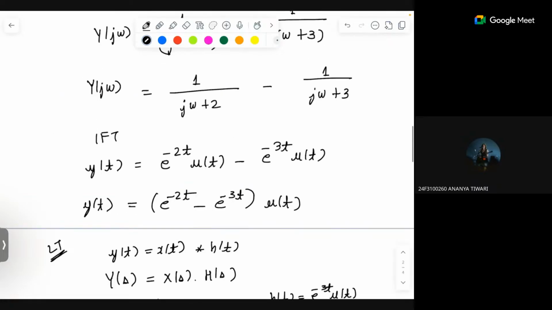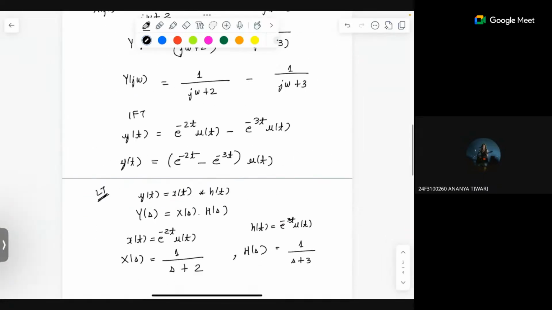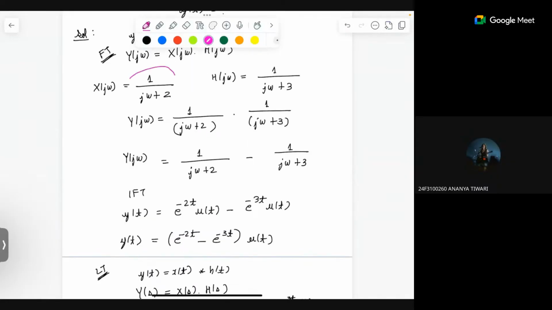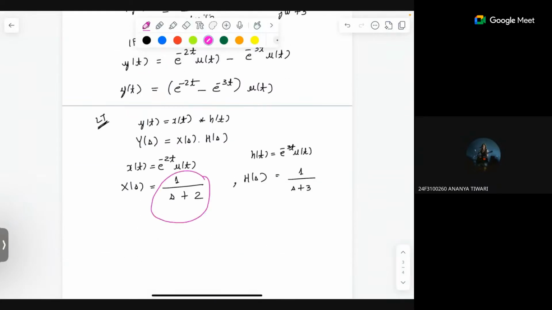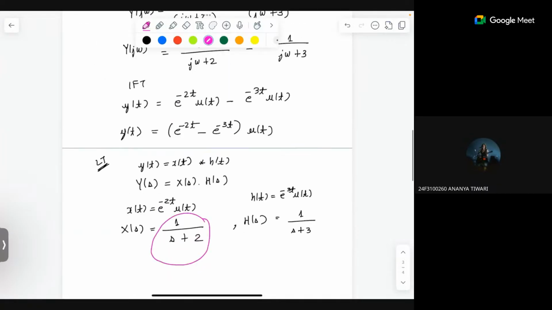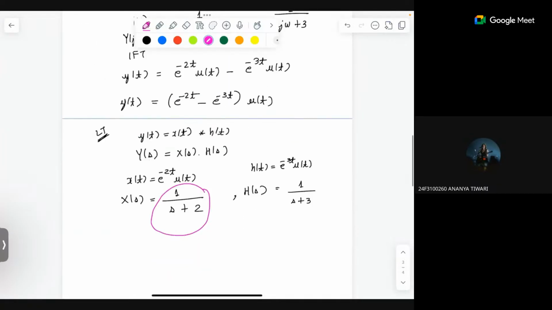Now, if you see, here X(j omega) is 1 upon j omega plus 2. Here it is 1 upon s plus 2. So basically, since the Fourier transform exists, s is equal to j omega, and this is what we have. So instead of j omega, there is this s.